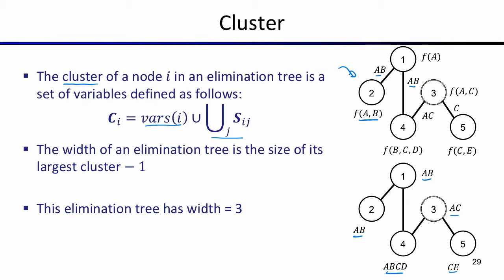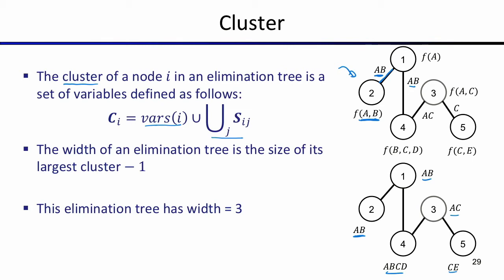For instance, for node 2, what we have in the factor, and also in the separators of the edges that are connected to this node. So in this case, we have just this edge here, and this edge has a separator a, b, and the factor in node 2 has the variables a, b. So the union is going to be a, b, and that is the cluster associated with this node 2.